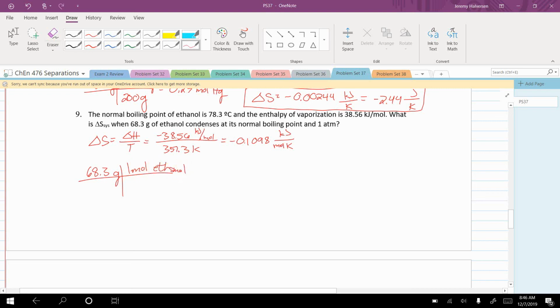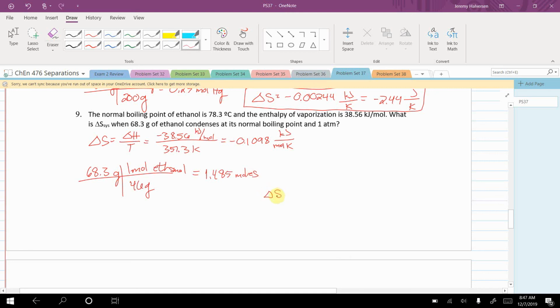And 1 mole of ethanol has a molar mass. Let's see. 1 mole of ethanol has a molar mass of 38.5, oh no, of 46. That's 1.485 moles.